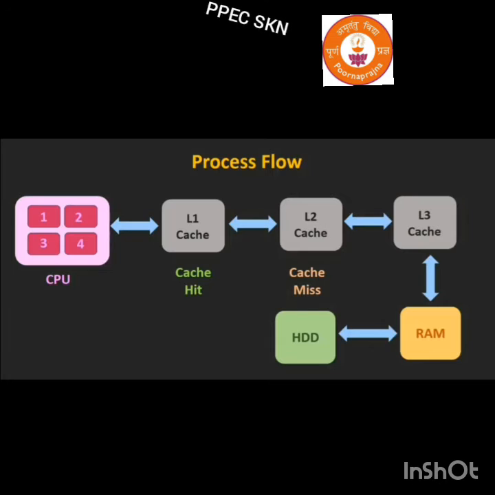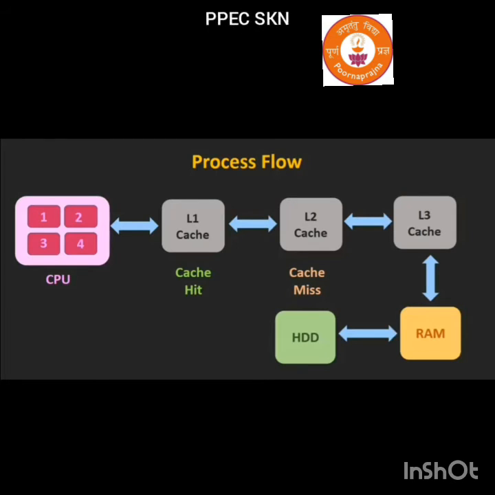Now I hope you can all understand what kinds of memories we can see inside laptops and computers. Now let's see the process flow. Suppose the CPU wants some information, how will the CPU take the information from these kinds of memories? First, the CPU needs some information. It will search the L1 cache first.